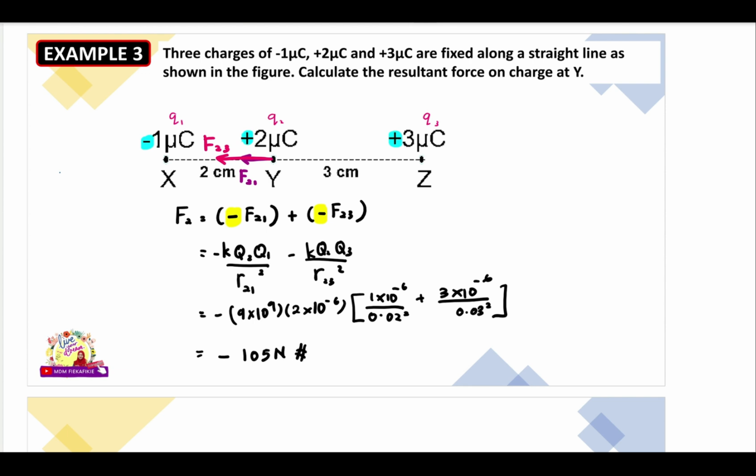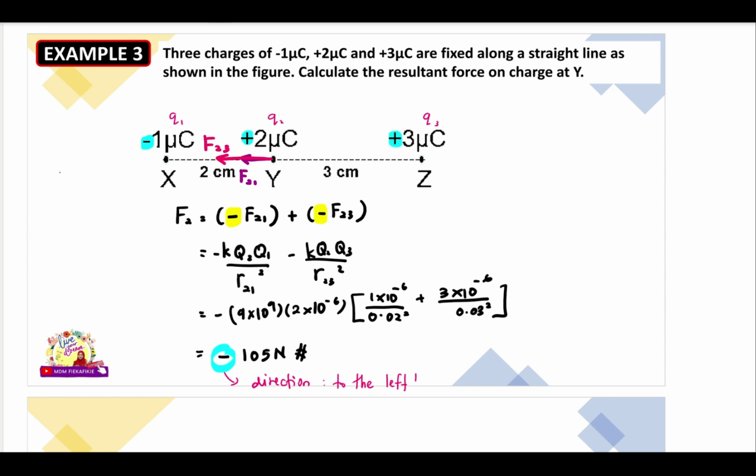Kira tekan kalkulator. Practice tekan kalkulator. Okay, so this is the negative sign. Okay, apa maksud negative sign ni? Direction dia lah. Okay, so the direction of the net force on charge 2 at point Y tadi adalah to the left. Okay.